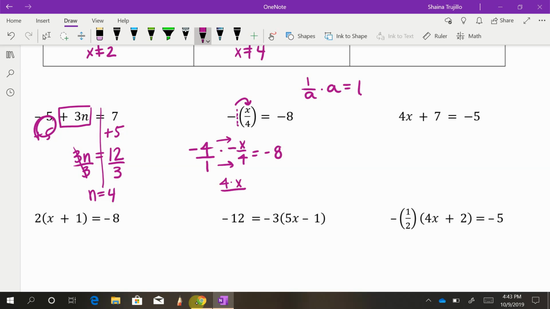And 1 times 4 is just 4. Oh, and I also have to multiply by negative 4 over here. Okay, so you see how I have this 4 in the numerator and denominator? I can simplify that. Ta-da! Down to just x. So x equals negative 8 times negative 4, which is a positive 32.